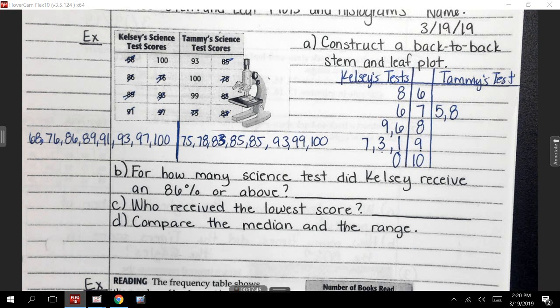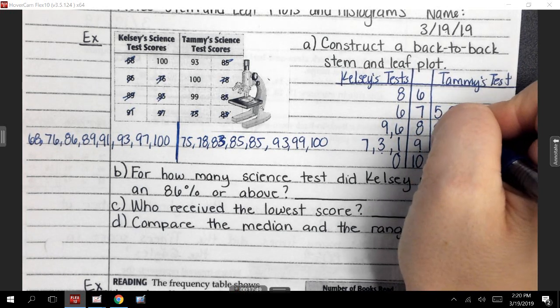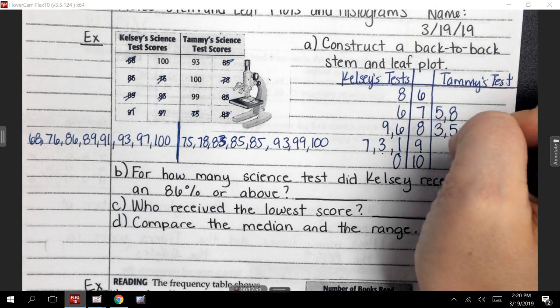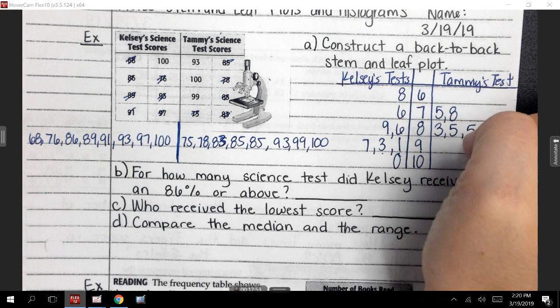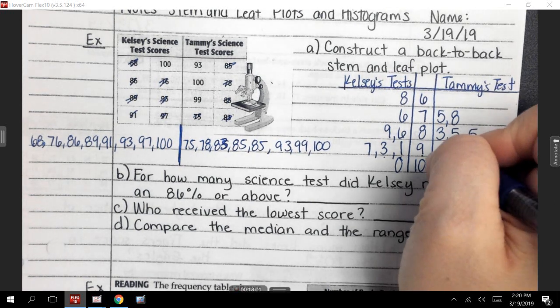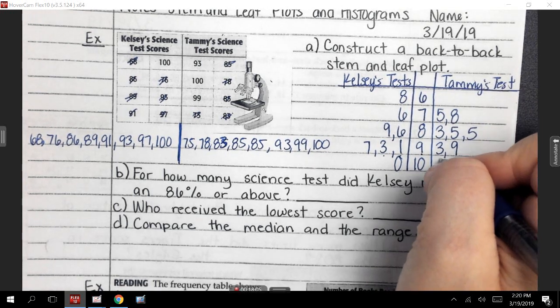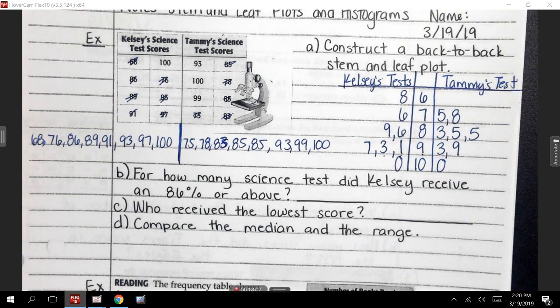Catherine? 3 and 5. And another 5, because there were 2 85s. If we write down 2 85s, we definitely need to also write down 2 5s. All right, Aaron, for my 9. 3 and 9. And Holland, for my 10. 0. Okay. All right. That's all there is to the stem and leaf.